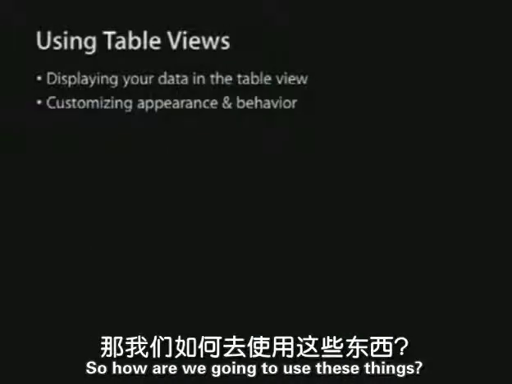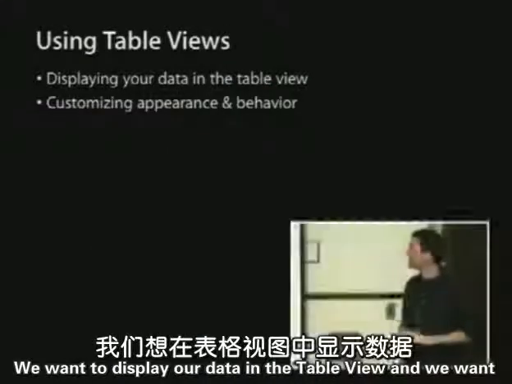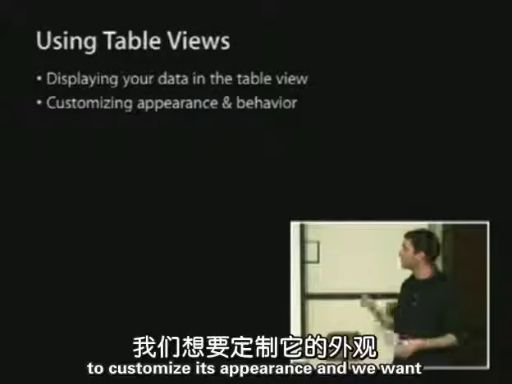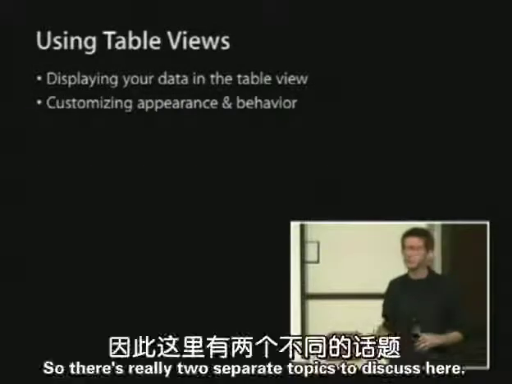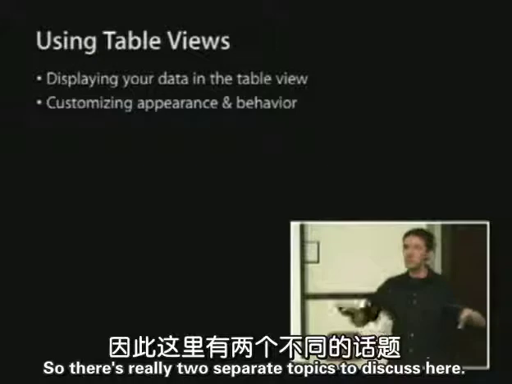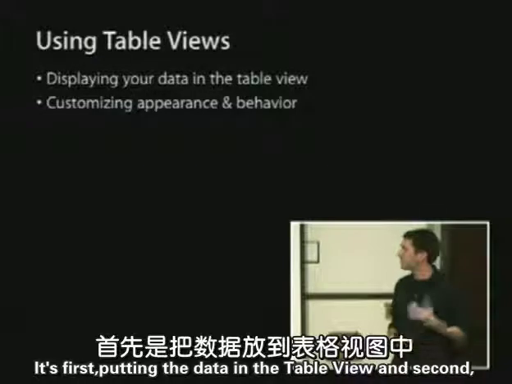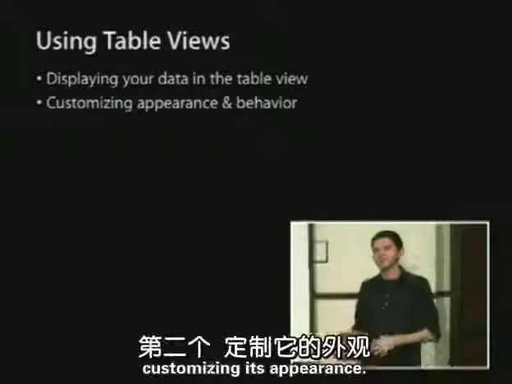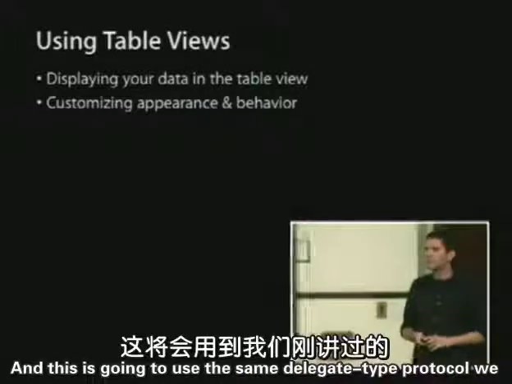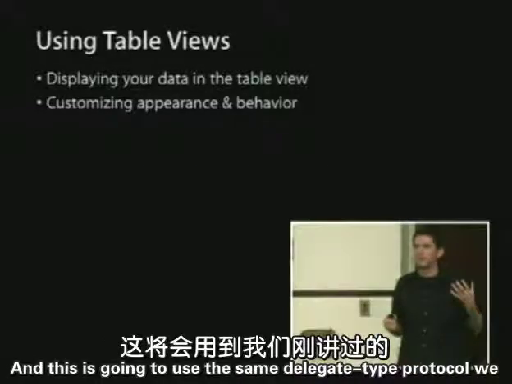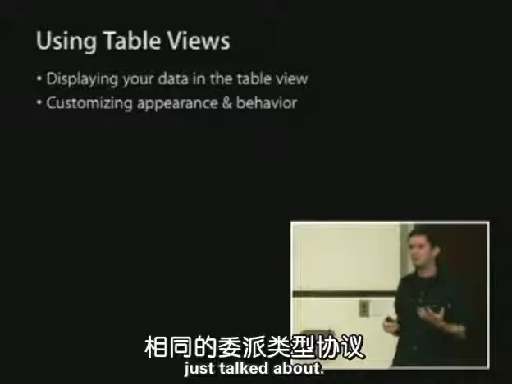So how are we going to use these things? We want to display our data in the table view, and we want to customize its appearance, and we want to customize its behavior. So there's really two separate topics to discuss here. First off, putting the data in the table view, and second off, customizing its appearance. And this is going to use the same delegate type protocol we just talked about.